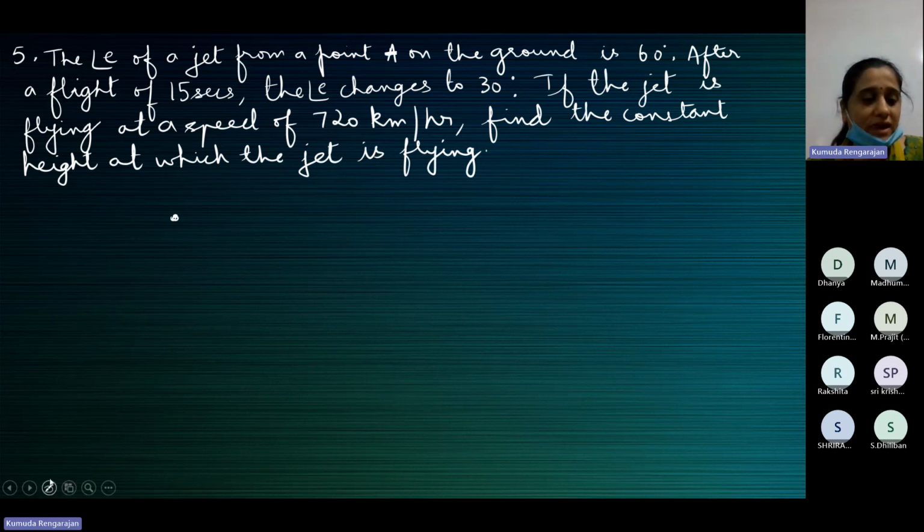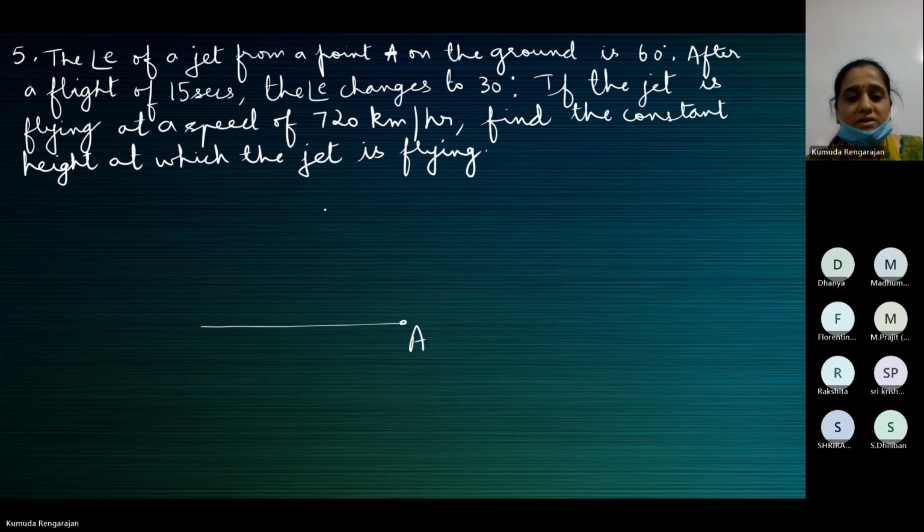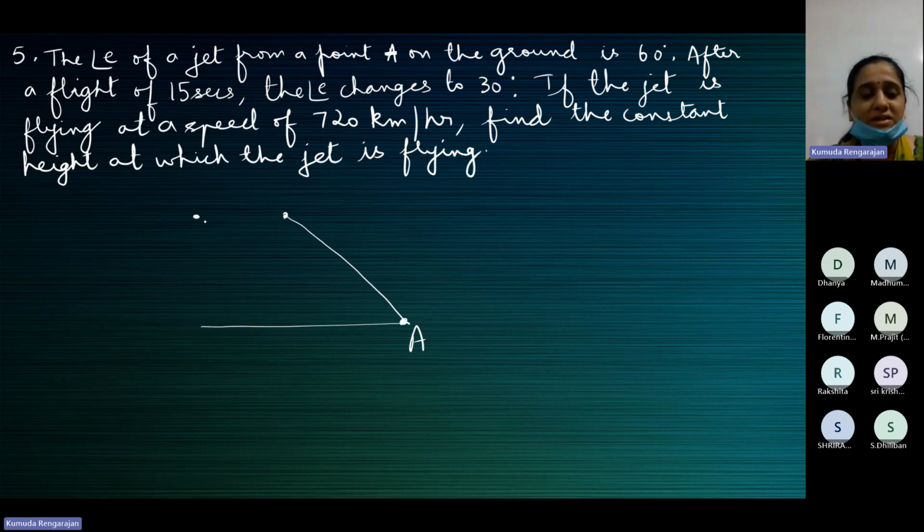Now here it is. Okay, so this is the ground level. This is the point A on the ground. Jet. So this is the position. This will be the line of sight, connecting the jet and the observer. And this is another line of sight.